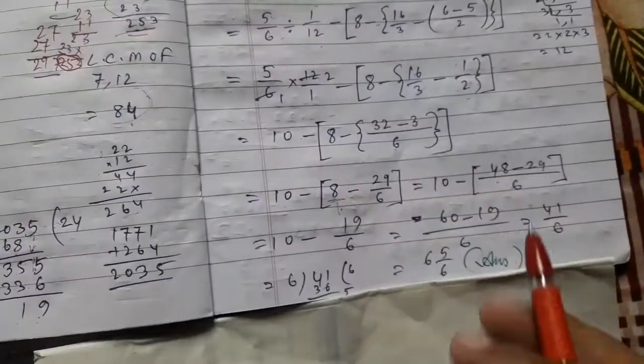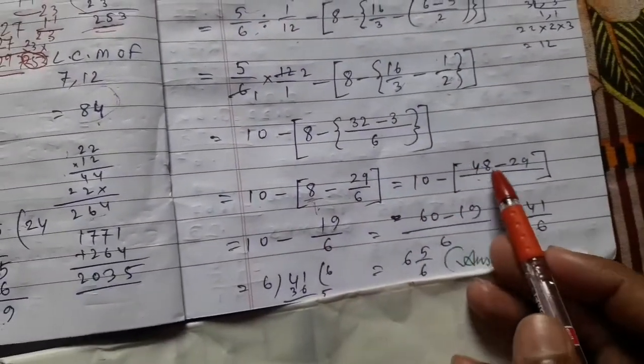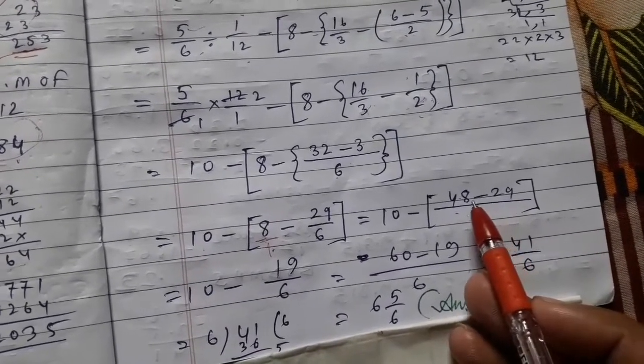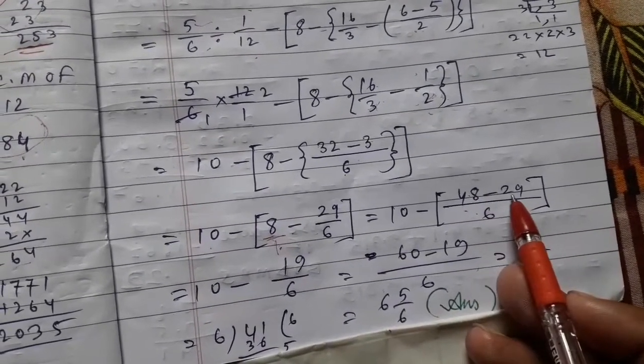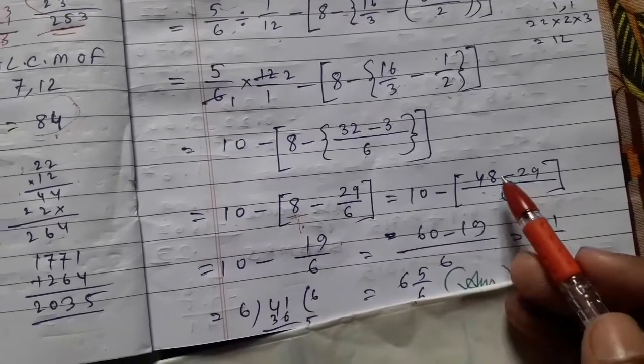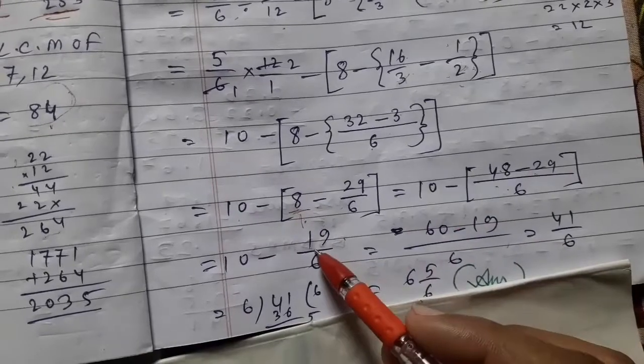Clear? Next, 48 minus 29, 8 means 18. 18 minus 9 is 9, carry 1, 2 plus 1 is 3, 4 minus 3 is 1. Clear?